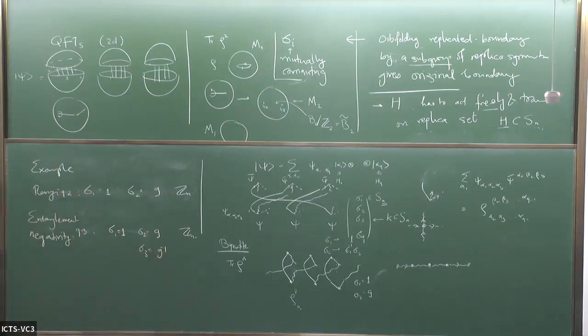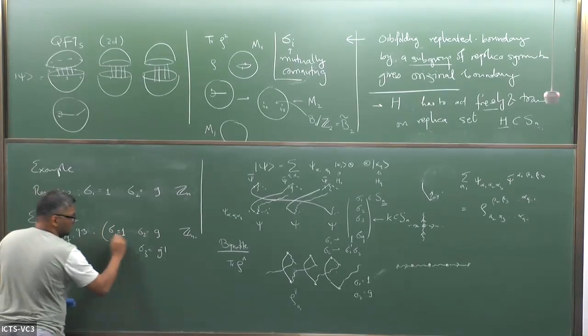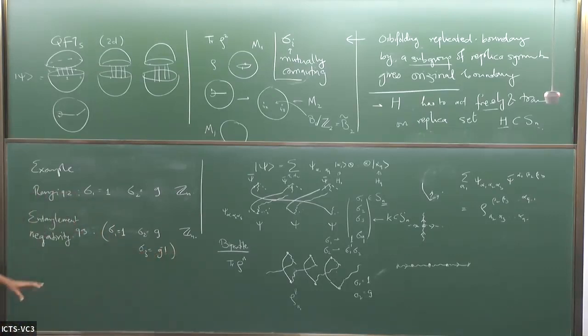Even these are mutually commuting generators. So exactly, this in principle makes everything clear, right? In an abstract sense.